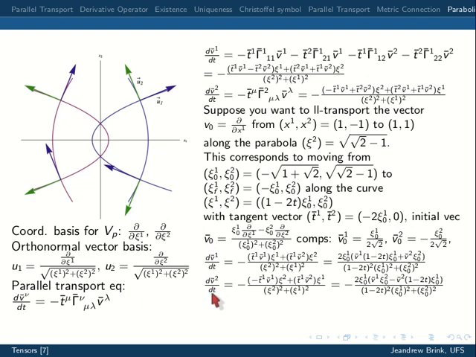It basically moved along your parabola like that down to 1, and it remained pointing in the x direction. Okay, so this thing gives you a way of, and this is true only in flat space. Okay, if the space was curved, you would actually have to solve these exactly, or you would have to try and find another shortcut. But just from the perspective of finding the equations you must solve, this is the mechanics that you go through.